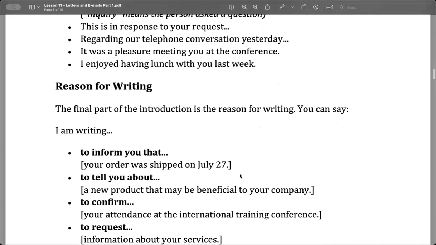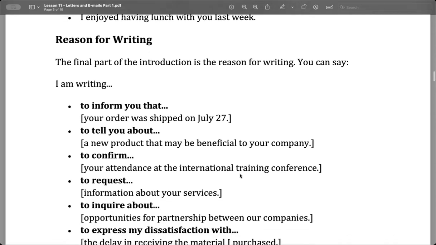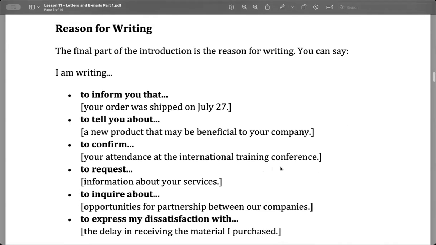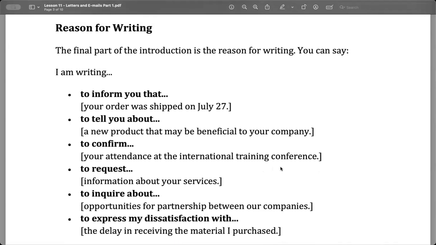Reason for writing. The final part of the introduction is the reason for writing. You can say, I am writing to inform you that your order was shipped on July 27. To tell you about a new product that may be beneficial to your company. To confirm your attendance at the International Trade Conference.